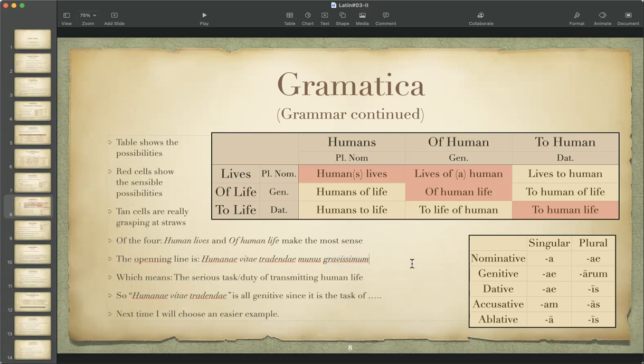So what you have in the Latin translates as the serious task of transmitting human life. And so this is all transmitting of human life, and that's why we say that Humanae Vitae means of human life.